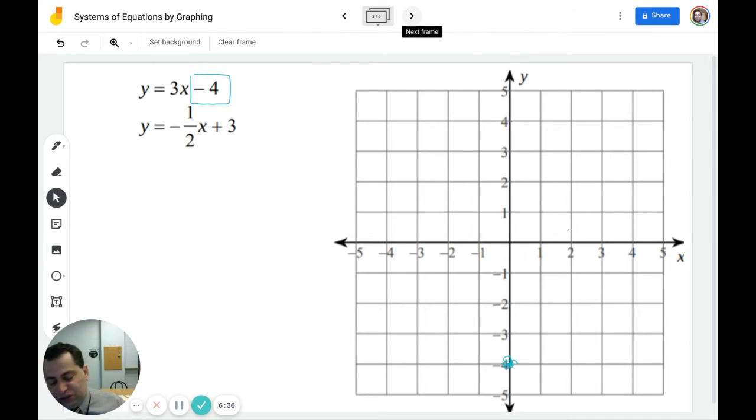And then I have a slope of 3 over 1, positive 3 over 1. So we're going to move up 3, and we're going to move to the right 1. Up 3 over 1, up 3 over 1. And once we get our points in there, we can draw our line in.